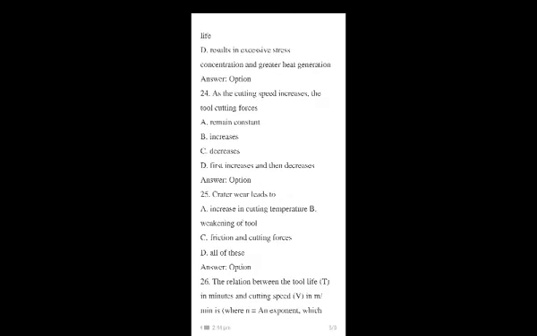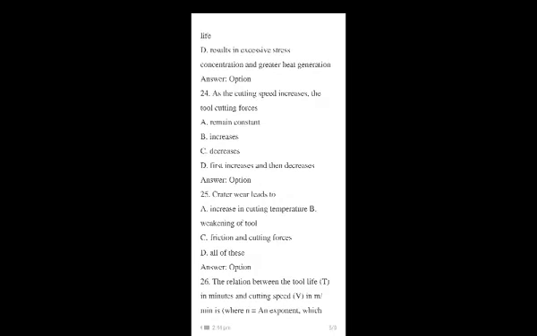Okay, so 26 number question, the relation between the tool life in minutes and cutting speed in meter per minute depends upon the tool and workpiece. Okay, so the correct answer is option B, Vt raised to n equal to C. The tool life is measured by all these factors.